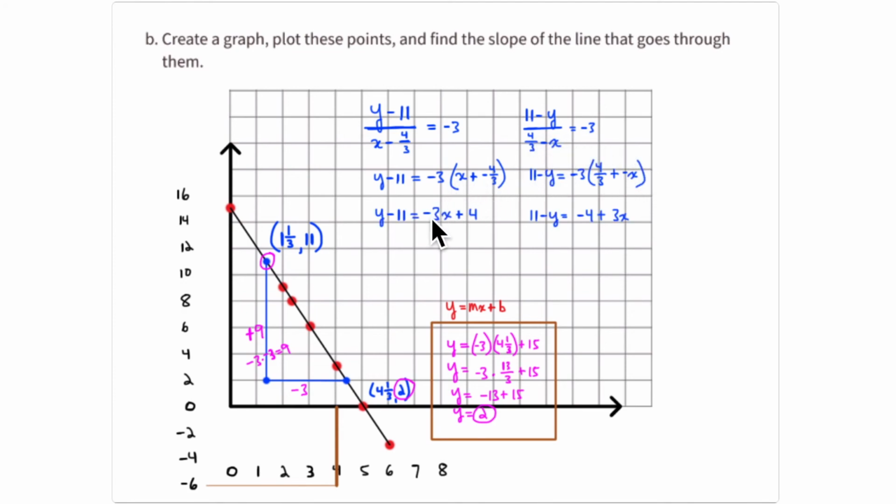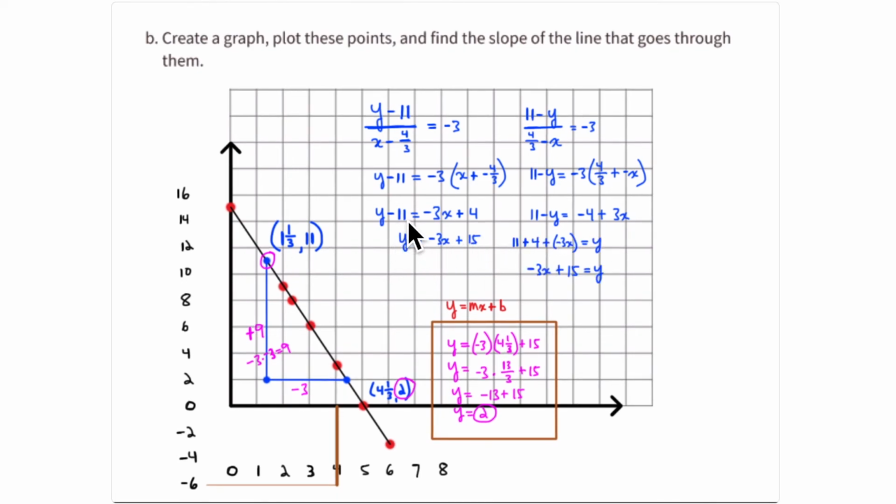You use the distributive property, negative 3x plus a positive 4. So this is a negative 3 times a negative 4/3. That's a positive 4. Or a negative 4. So negative 3 times a positive 4/3 is a negative 4 plus a positive 3x. Negative times a negative is a positive 3x.